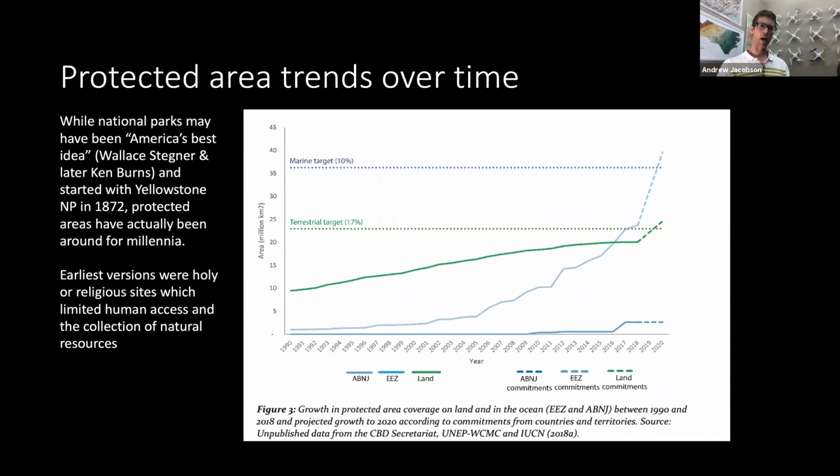So note the y-axis here in the graph, that this is area. And so you'll notice that the total amount of marine protected areas has actually surpassed the total amount of land that's in protection now. But it's still a relatively smaller percentage of the marine environment because there's more ocean than there is land.